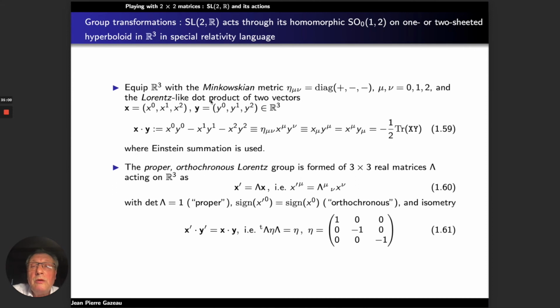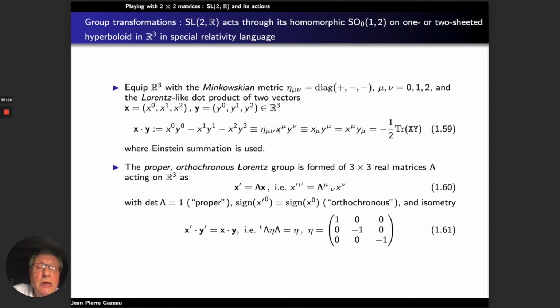And we introduce what we call the Lorentz-like dot product of two vectors in R3 equipped with this matrix: x dot y is equal to x0 y0 minus x1 y1 minus x2 y2, defined in this way, where we adopt the Einstein summation.